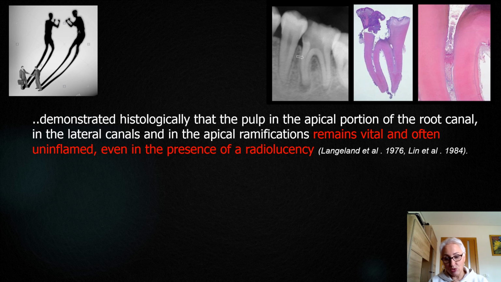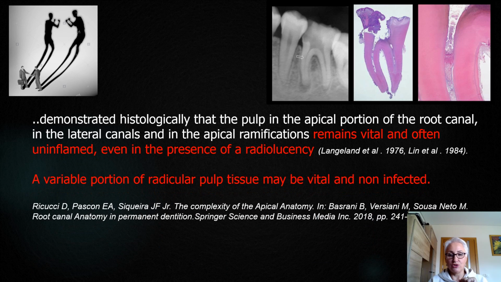So if we have chronic apical periodontitis and instrument until the apical constriction, in that small part, a millimeter or a couple of millimeters from the apical constriction to the apical foramen, we can have healthy, non-inflamed tissues. Another study, from 2018, found that the viable portion of radicular pulp tissues may be vital and non-infected.